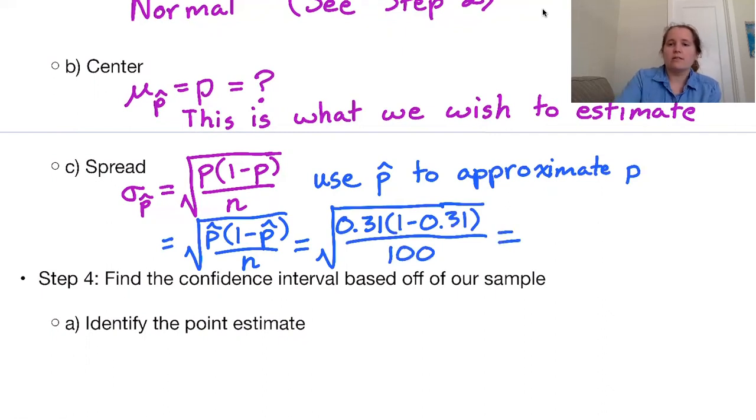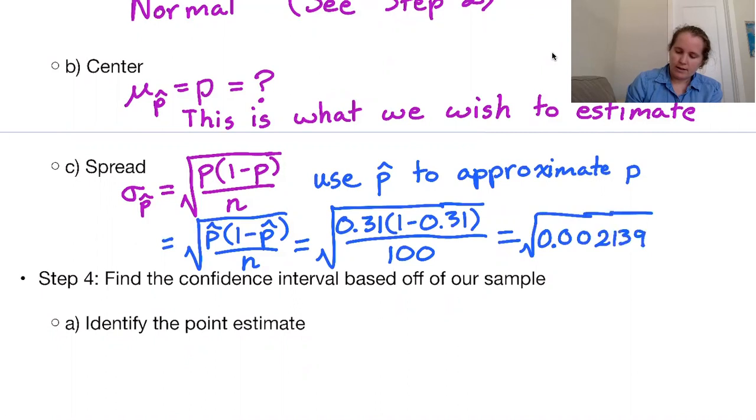If we plug this into the calculator, inside the square root, we wind up with 0.002139. And then once we have taken the square root, we wind up with approximately 0.046. So we have our shape, we have our spread.